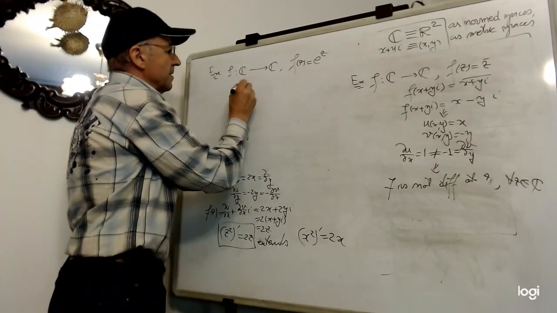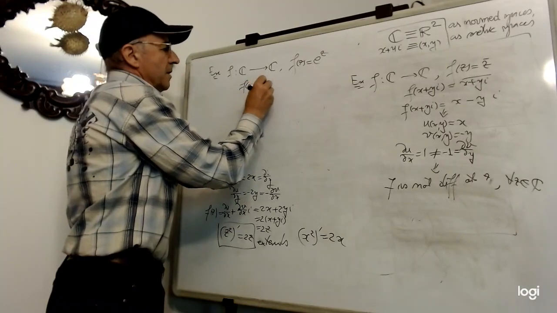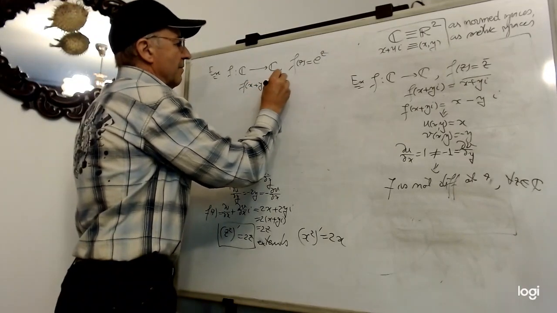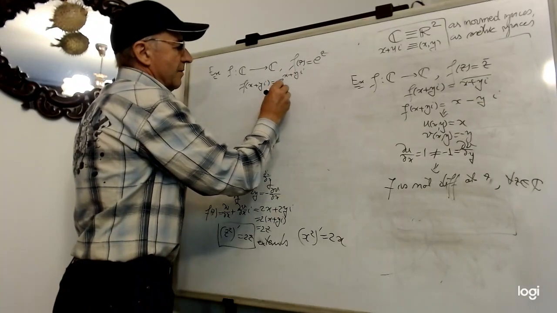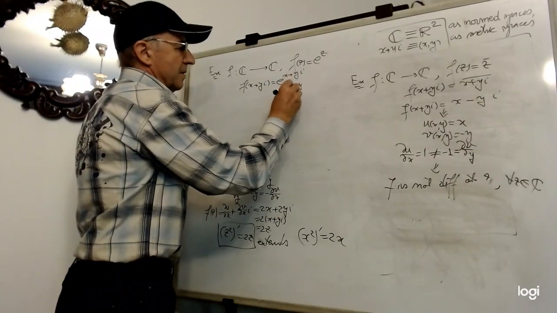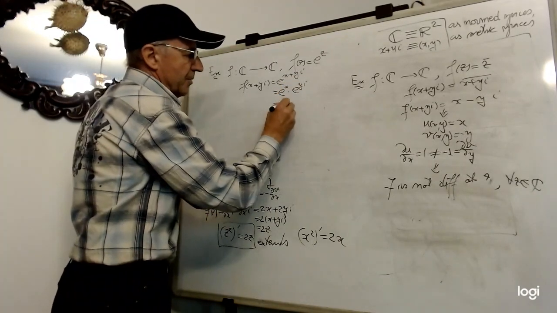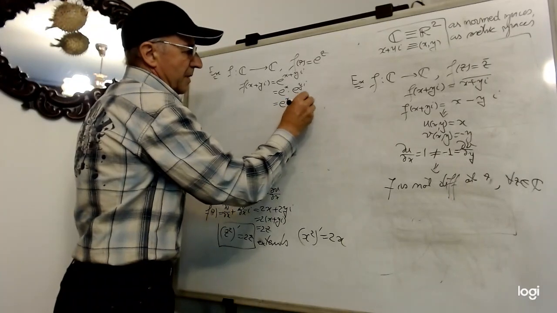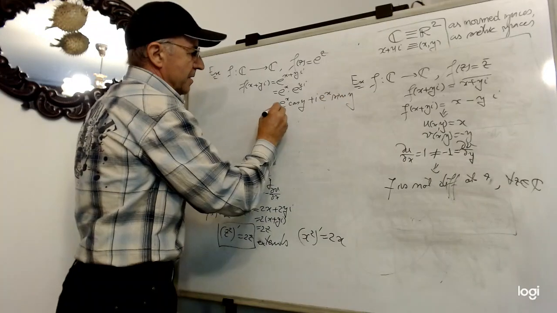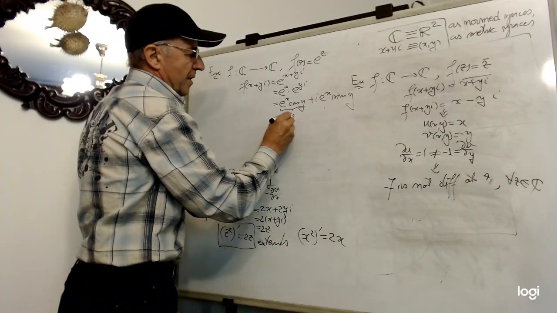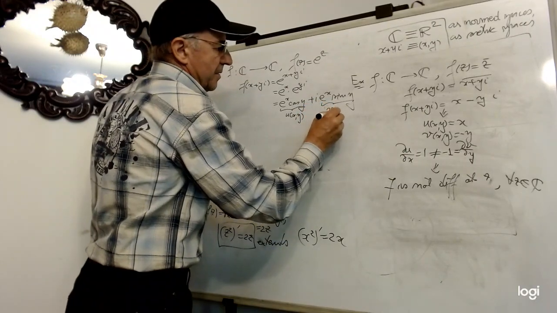In this case, f of x plus yi is exponential of x plus yi. This is exponential of x times exponential of yi. This is exponential of x times cosine of y plus i exponential of x sine of y. This is our function u of x and y, and this is v of x and y.